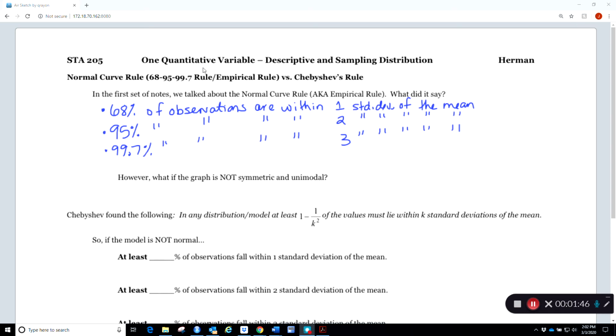However, we've now discussed in this module that not all data is going to be symmetric and unimodal like our normal distribution. So what would happen then when that's no longer the case? Well, if it's not symmetric and unimodal, my normal curve rule or empirical rule will not apply.